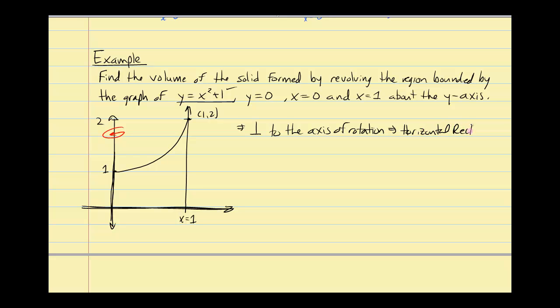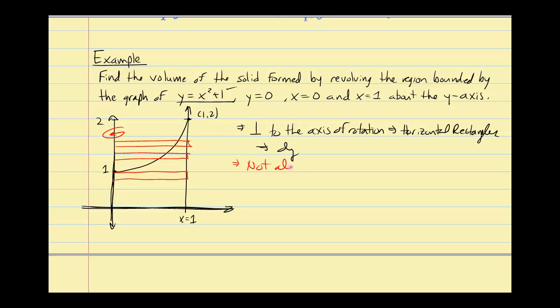Now if I'm using horizontal rectangles, instead of dx's, I'm using dy's. I'm just touching my axis of rotation here so I can get an idea what's going on. I realize that most of these lengths I'm not even going to use. So, perpendicular to the axis of rotation, horizontal rectangle. Then I need to know, am I touching the axis of rotation?